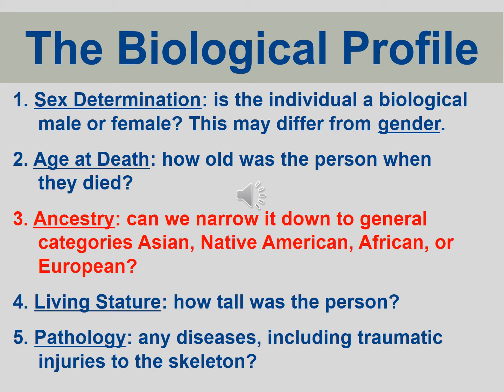Can we actually look at remains and figure out a general category from which continental group that individual, that decedent, comes from, right? Because we're looking at skeletal remains and it's somebody that's likely a victim of foul play, homicide, suicide, for instance, missing persons, for instance.